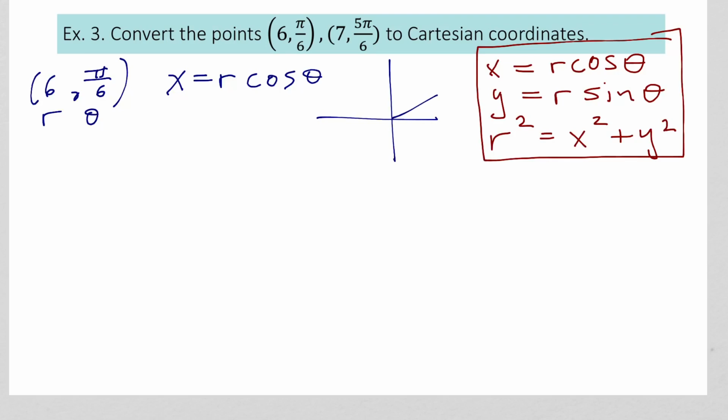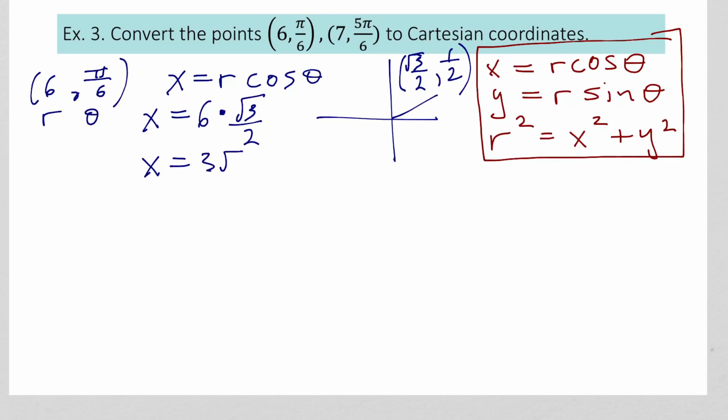So I know my x is my cosine, root 3 over 2. And my y is my sine, 1/2 from my unit circle. So I can say my x-coordinate is equal to 6 times the cosine of theta, which is root 3 over 2. So x is equal to 3 root 3 if I reduce 6 over 2.